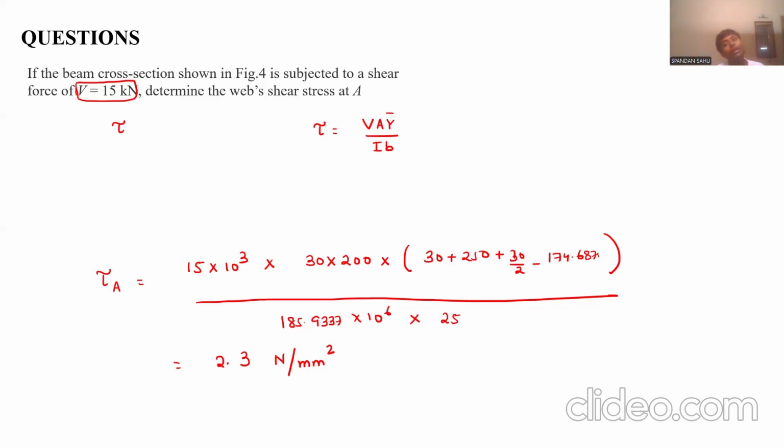So A Y bar combinedly is the moment of area of the shaded or hashed portion with respect to the neutral axis. Correct?